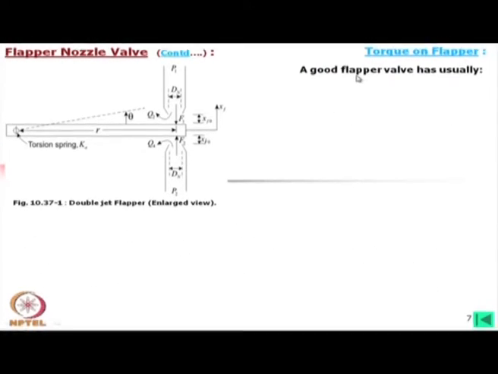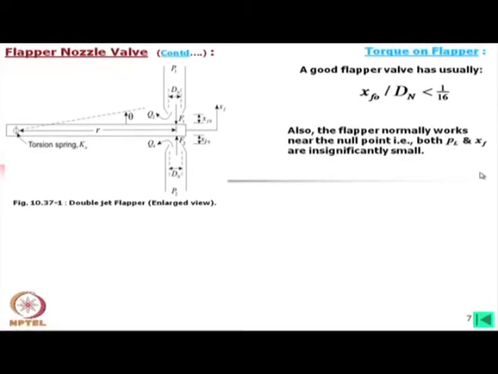Now, a good flapper valve usually has xf0 by dn equal to 1 by 16, which we have learned in an earlier lecture. So, this is a very good value for designing such a valve, and also the flapper normally works near the null point. Both PL and xf are insignificantly small.